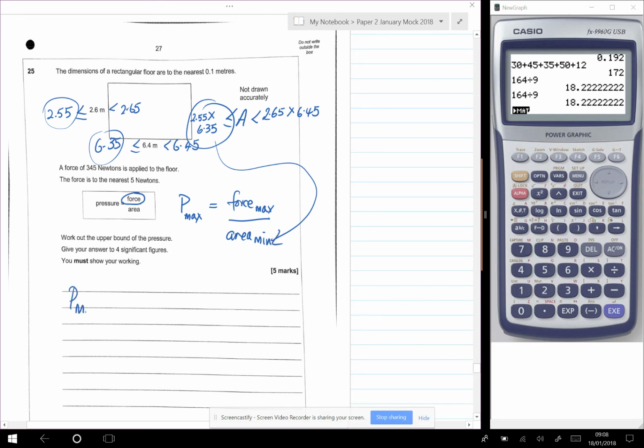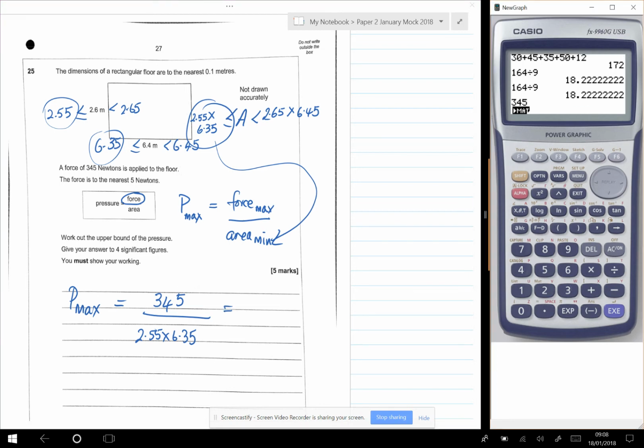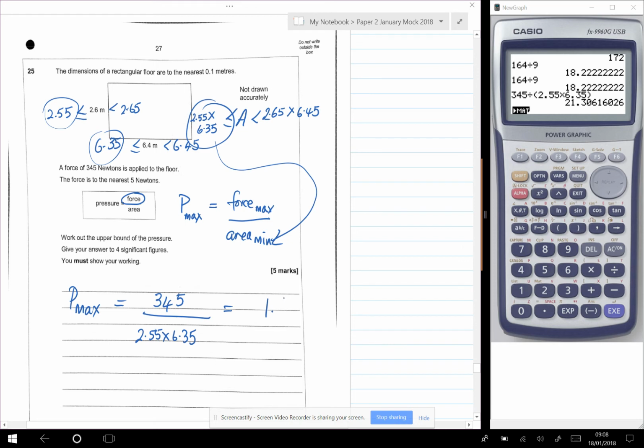Okay, so my pressure max is force, which is definitely 345, we're told that, divided by area minimum, which is 2.55 times 6.35. So let's work that out. So we've got 345 divided by brackets 2.55 times 6.35 close brackets equals 21.3, to 4 significant figures they want, so 21.31, isn't it? 4 sig figs.